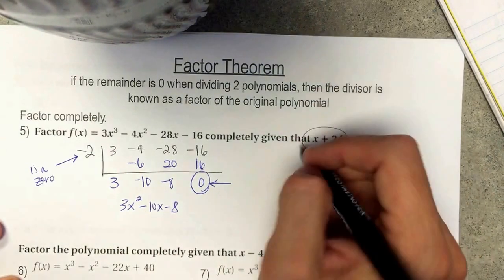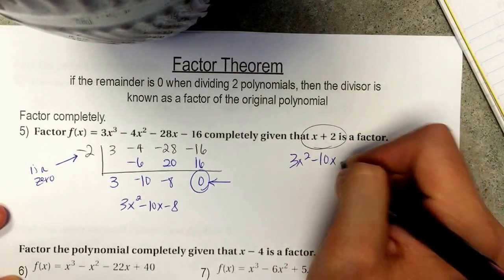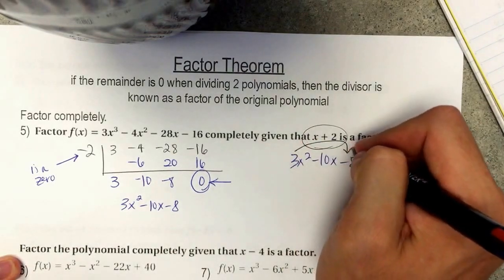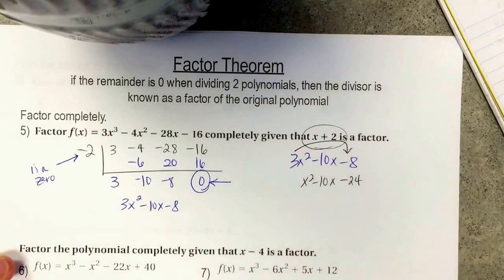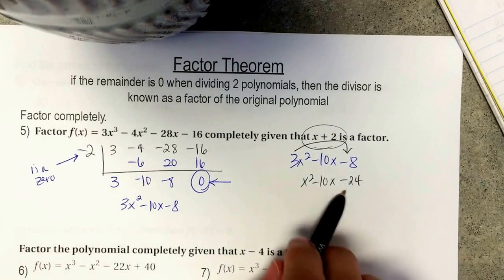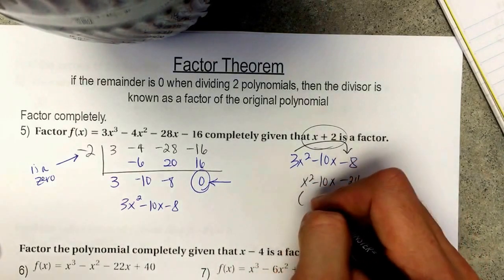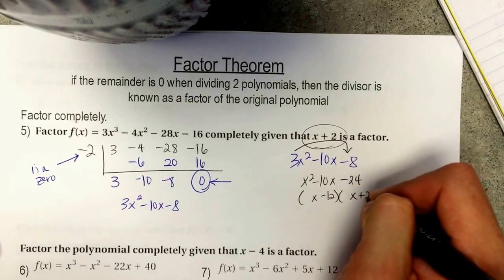So I'm going to factor it using AC factoring. Just as a quick little review, what does it look like? Take the 3 and multiply. X squared minus 10x minus 24. So I'm looking for factors of 24 that are going to add to give me negative 10. Those factors are going to be x minus 12 and x plus 2.